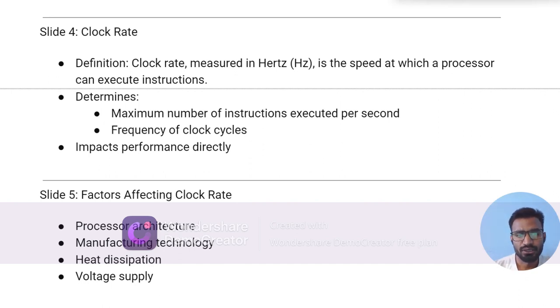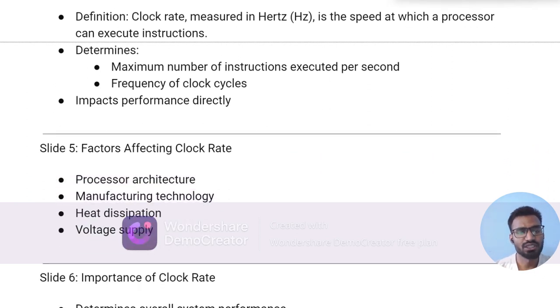So what is the clock rate? Clock rate is the measured speed at which the processor can execute instructions: the maximum number of instructions executed per second, the frequency of the clock cycle, which impacts performance directly. What are the clock rate factors, meaning what affects the clock rate?